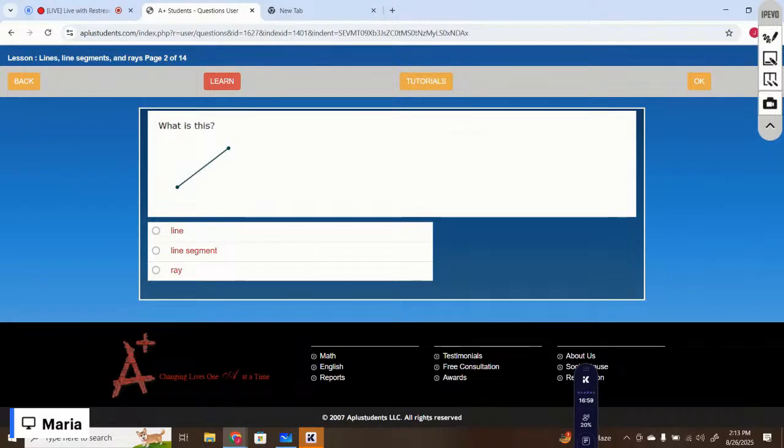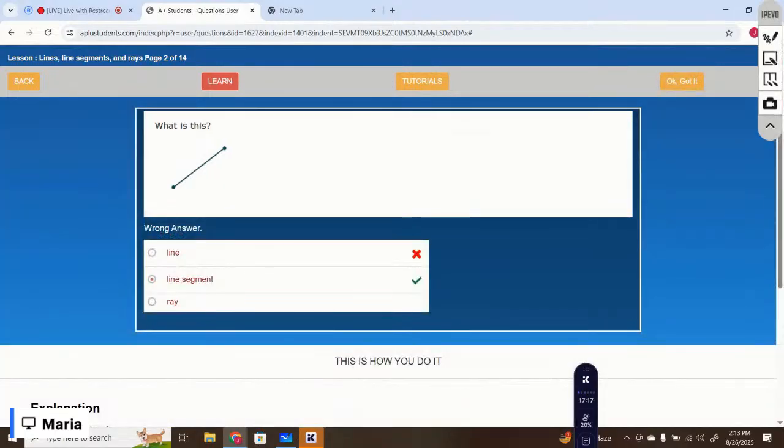What is this? This is the line segment, not line.